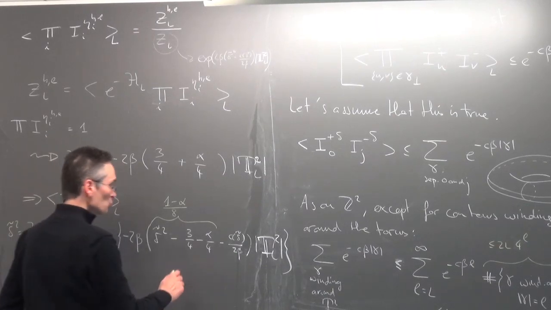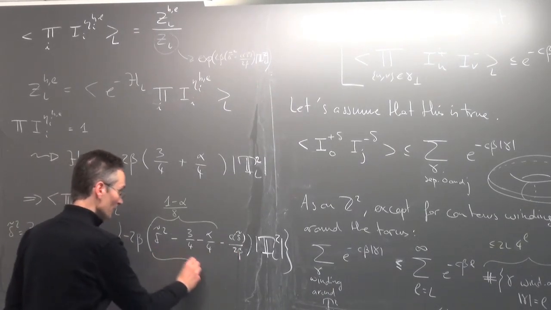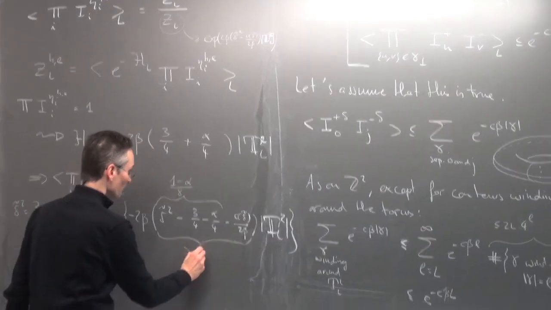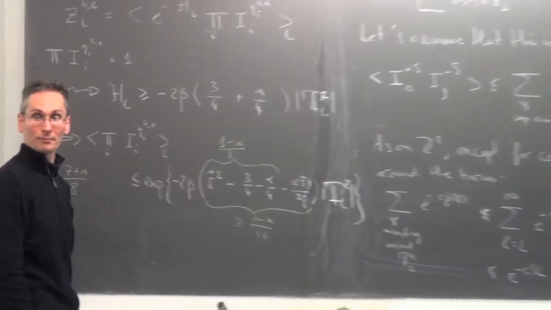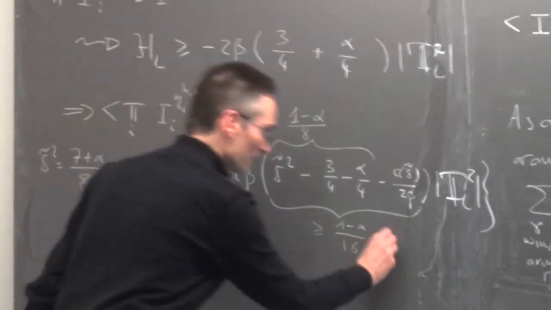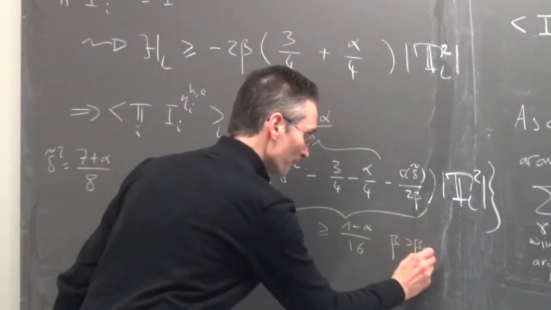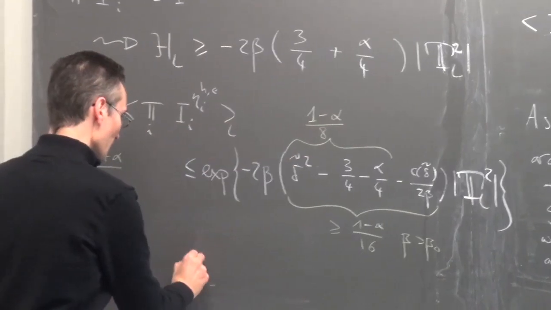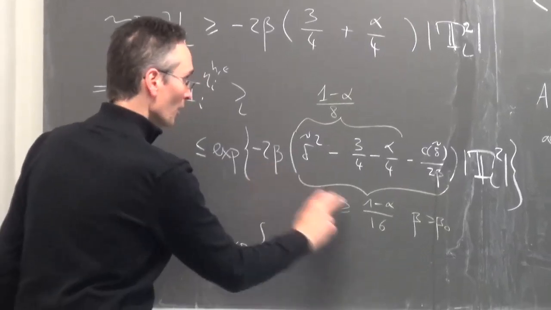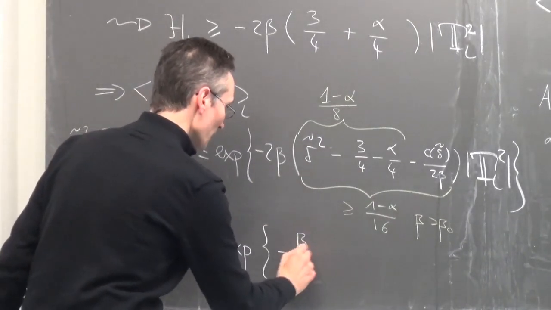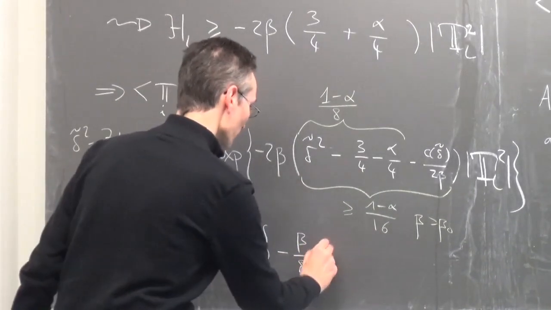Which means that if I choose beta large, I can make it larger than 1 minus alpha over, say, 16, when beta is larger than beta 0. Which means, in the end, that I get something that is smaller than exponential of minus, something like beta over 8, 1 minus alpha.